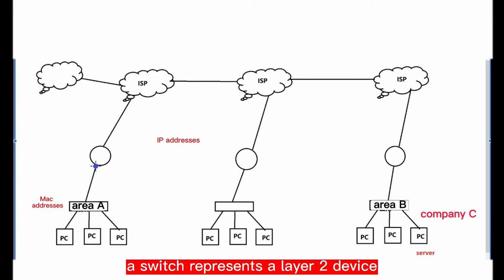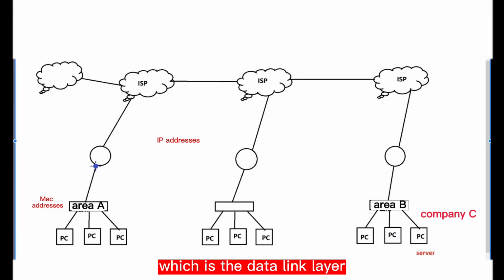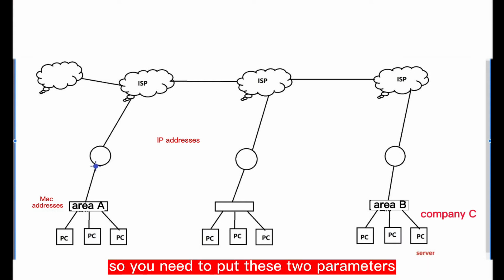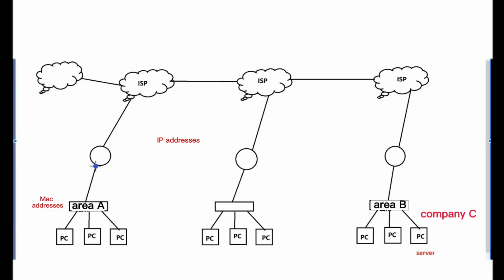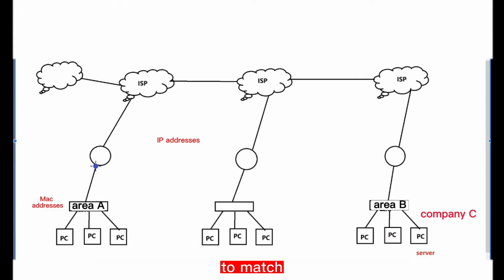A switch represents a layer 2 device, and on the second layer, the data link layer, we have an important parameter called the MAC address. So you need to match these 2 parameters with the 2 devices working on different levels.